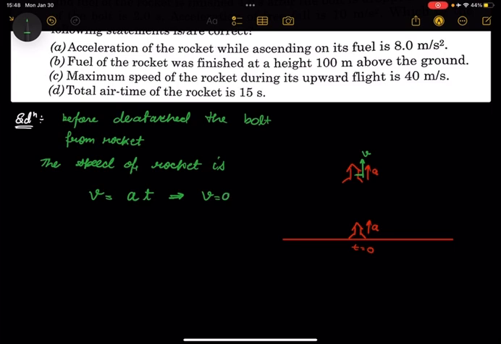Simple equation. Initial velocity of the rocket and bolt both is 0.